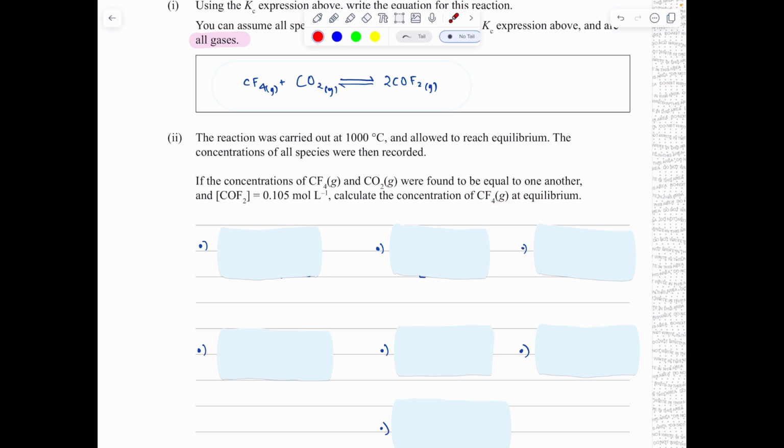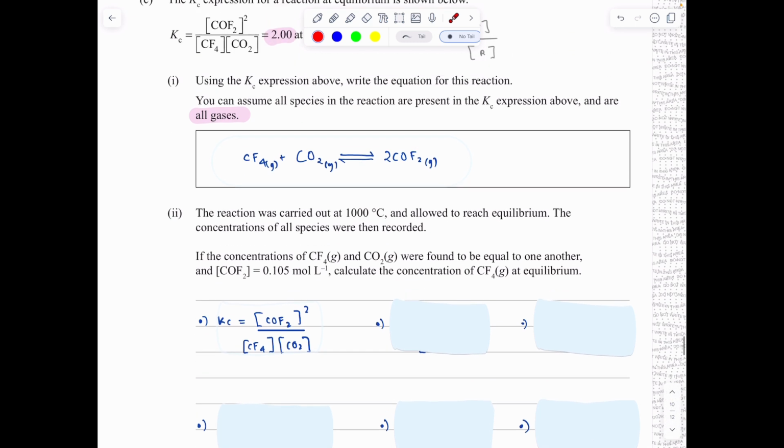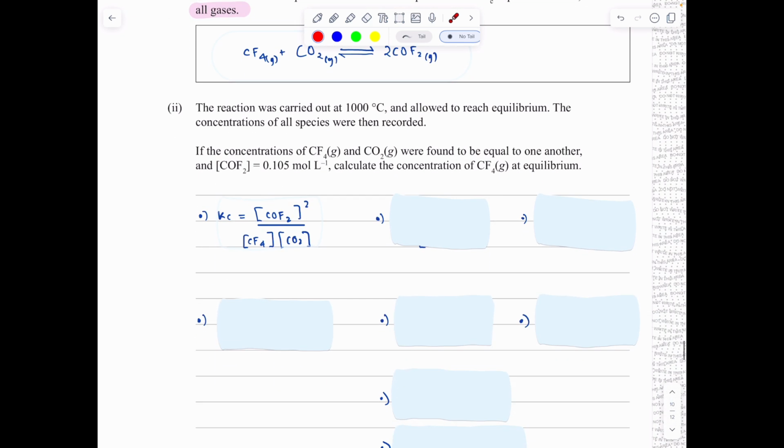Okay, so first things first, we need to write the equation that we're using, the Kc expression. This is basically the same as what we have up top. I've just rewritten it down here. The next thing that we have to do is substitute in the values that we do know of.